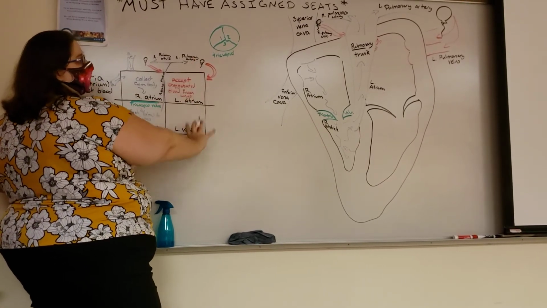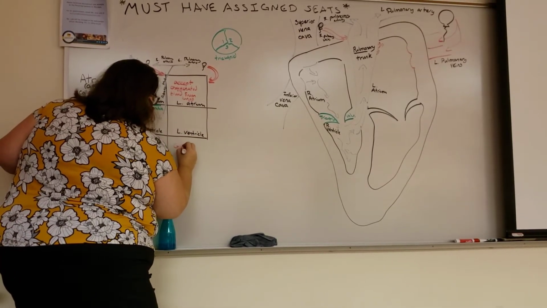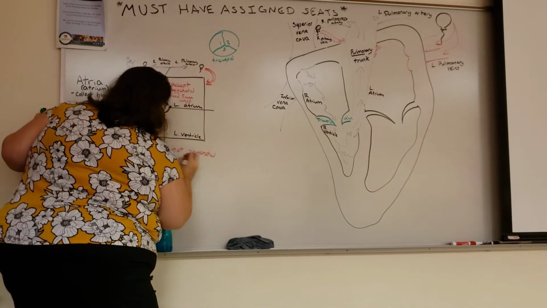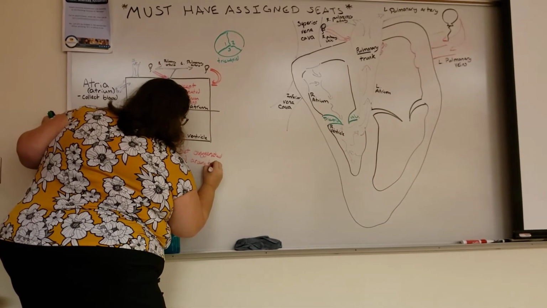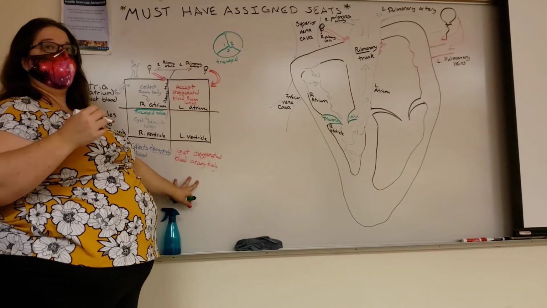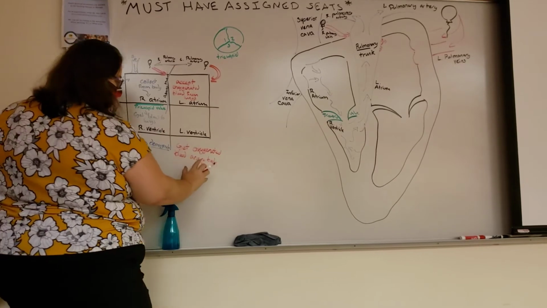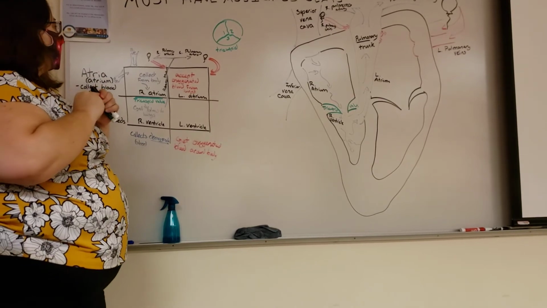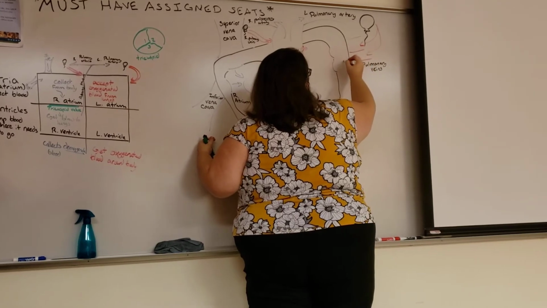The whole job of your left side now is going to be to get oxygenated blood around the body. Right, so the job of the left side of the heart is to get oxygenated blood around your entire body.